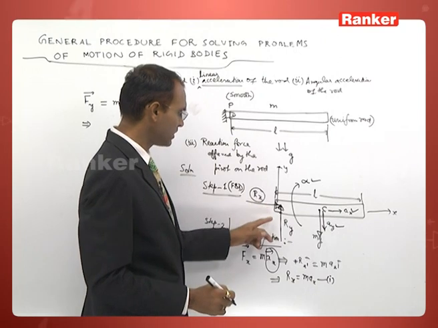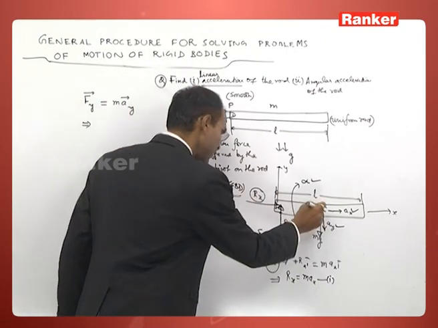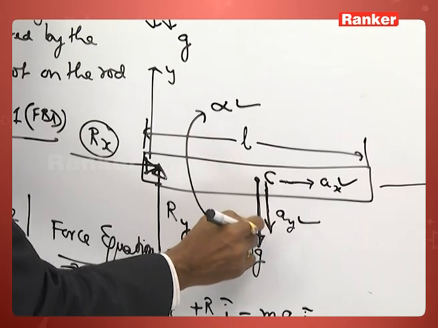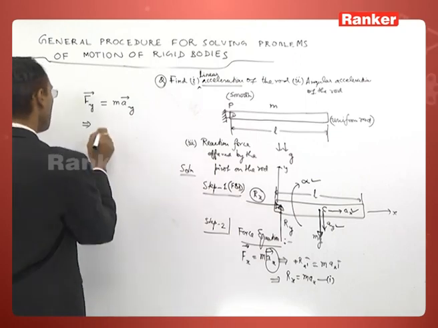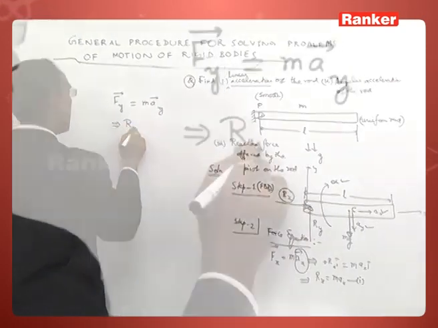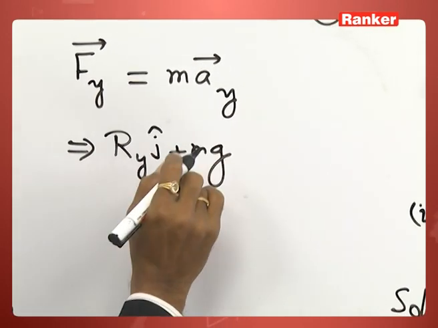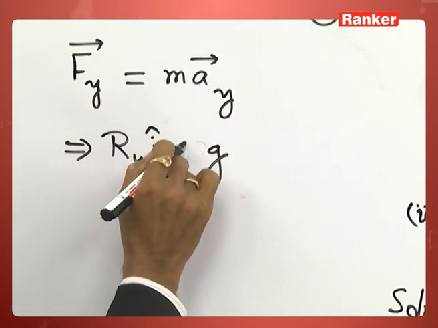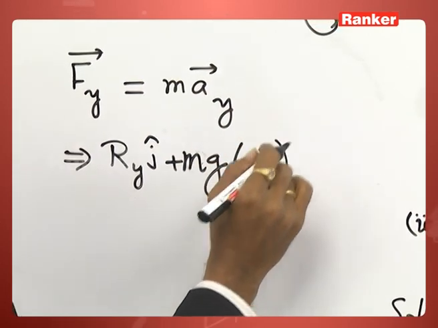We have assumed its direction as up, and gravity is always acting downward. So, the net force is equal to Ry j cap plus gravity in minus j cap direction.